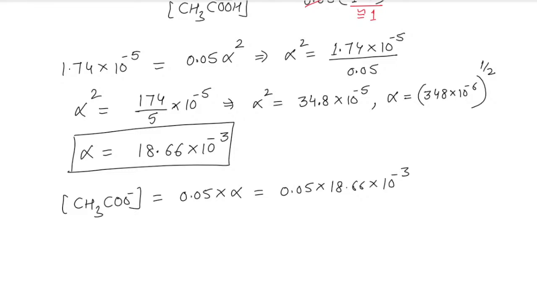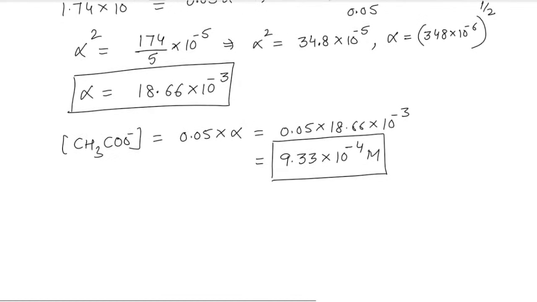Now it is 9.33 × 10^-4. So the acetate ion concentration is 9.33 × 10^-4, and the same is the concentration of H plus ion.